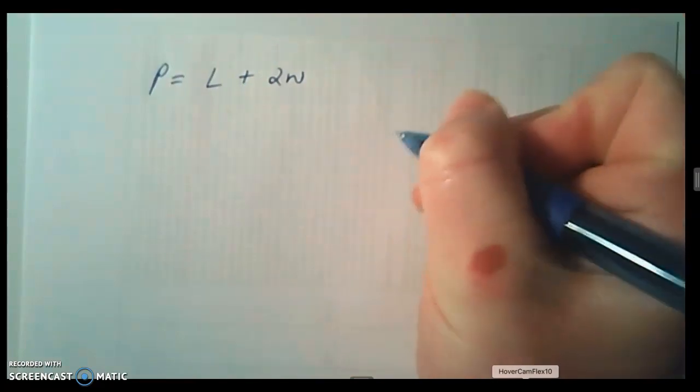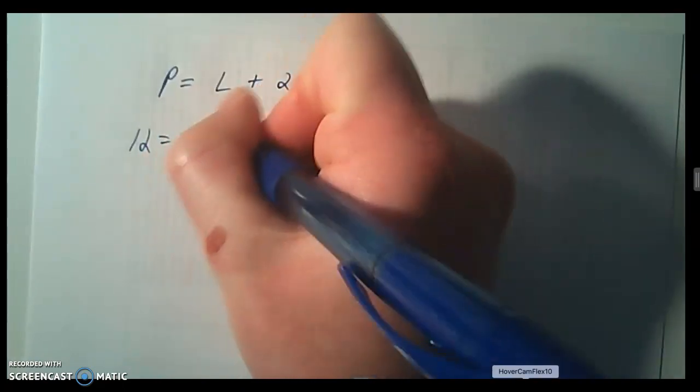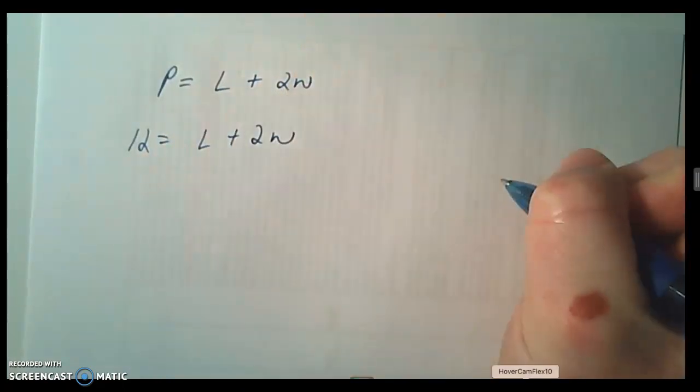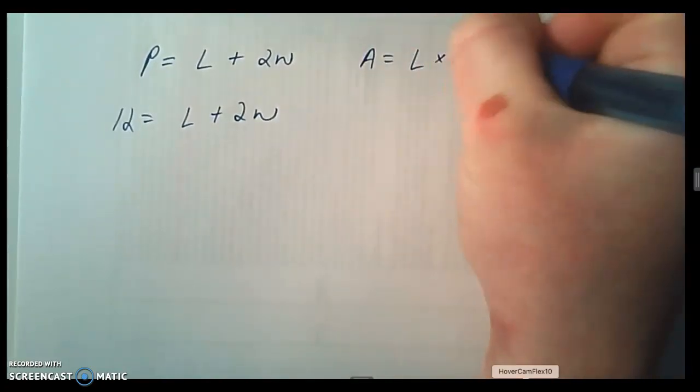The perimeter is going to be the length plus 2 widths. Okay, and because you only have 12 meters of fencing, the perimeter always equals 12. Okay, and then your area is going to be length times width.